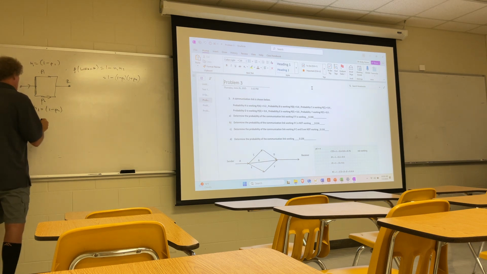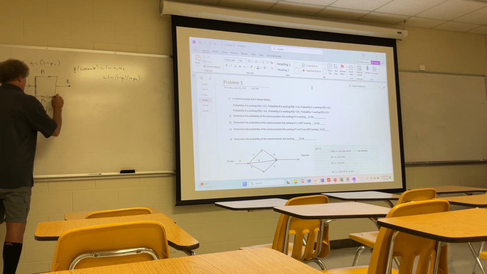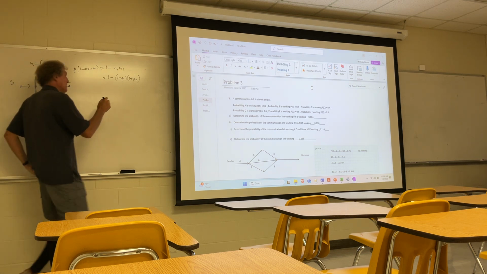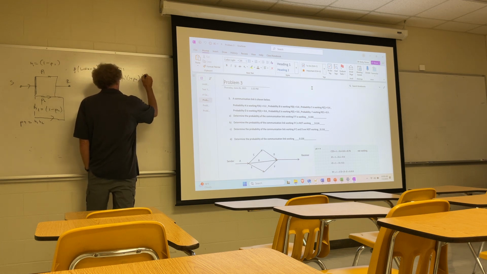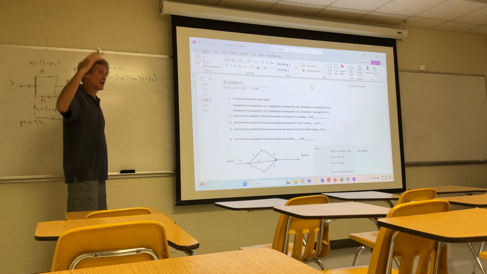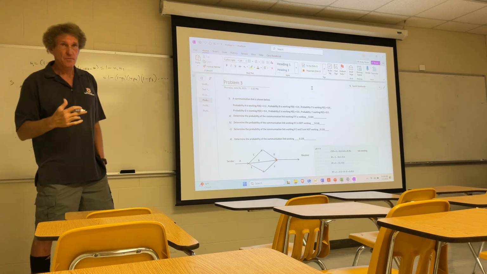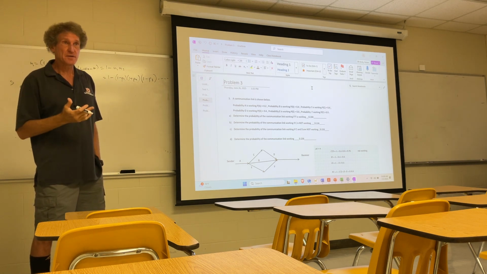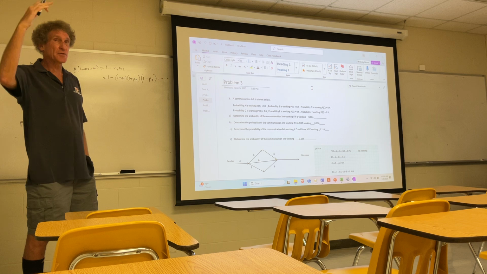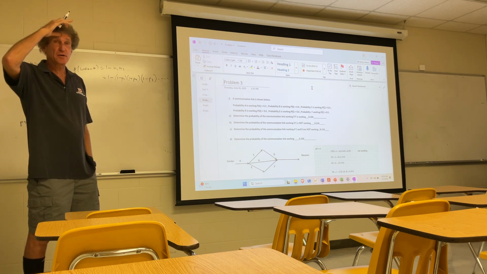If you just had another one here, like so, all in parallel, then this would be 1 minus P3, and it would go on indefinitely for the number you have in parallel. It's critical you see this, because usually when you get 3 or more, it starts to get somewhat confusing for people.